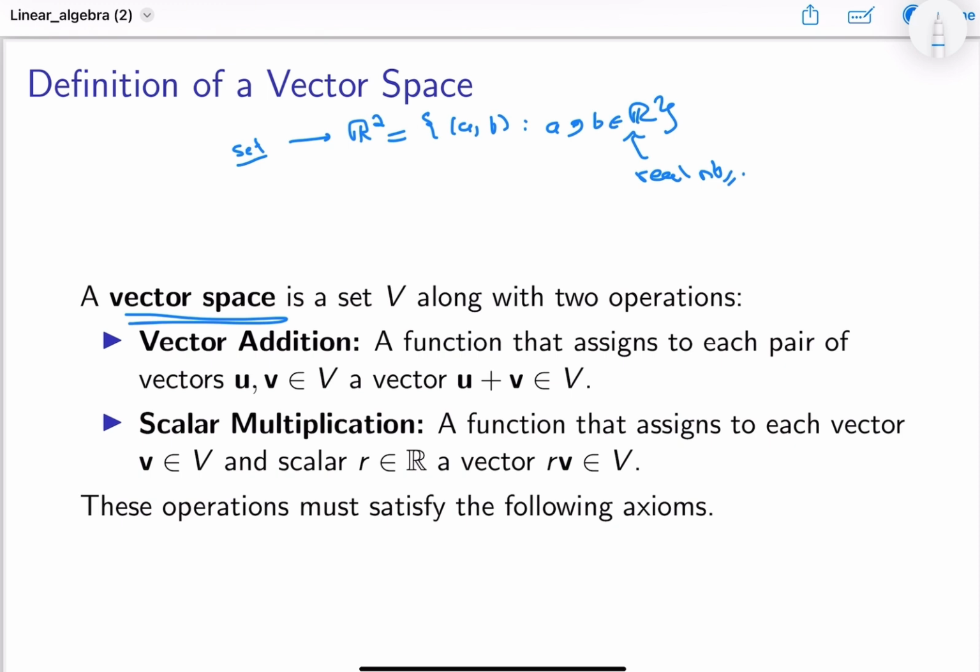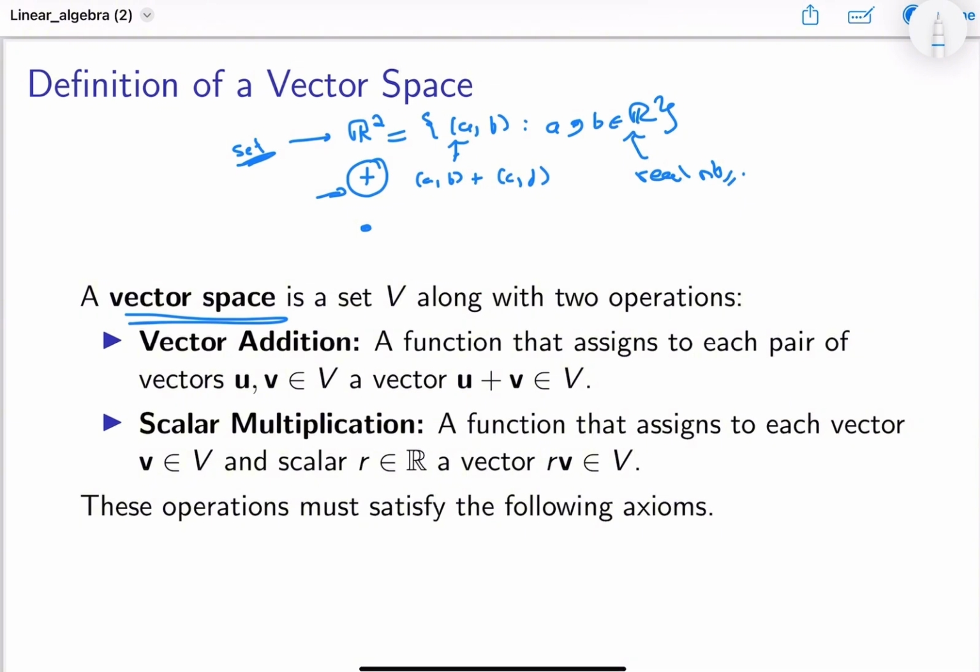And then what we do is that we equip the set that we have with a plus, with addition, and with scalar multiplication. The addition means if I give you two vectors, I remind you that elements of vector spaces are called vectors, for example (a, b) and (c, d), you should know how to add these. You are defining what the plus sign means.